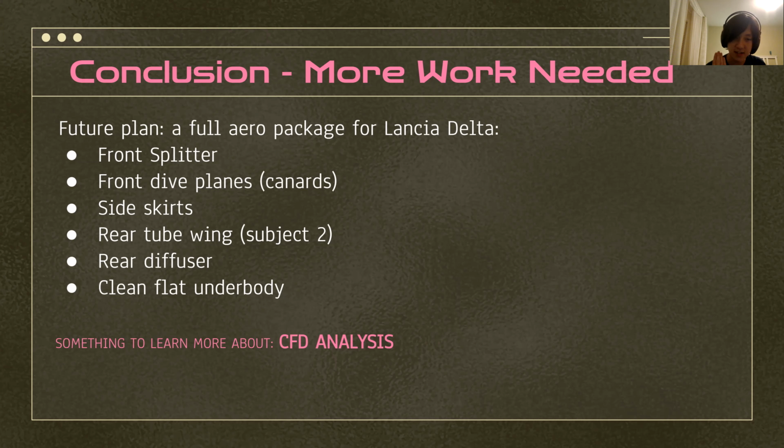And the rear tube wing, I'll continue using that because that seems to be the most effective in the testing that I've done. I'm also going to design a rear diffuser on the back of the car, and on top of all of that, I'm going to make sure the underbody is completely flat and clean.